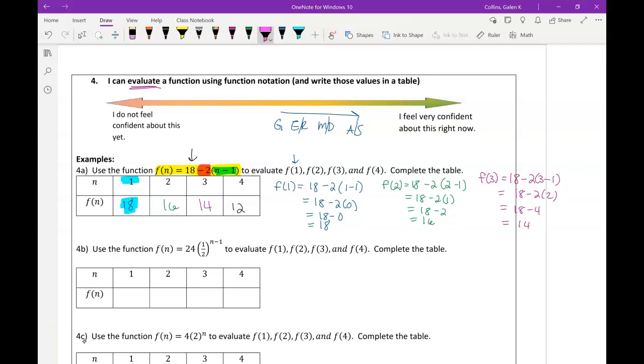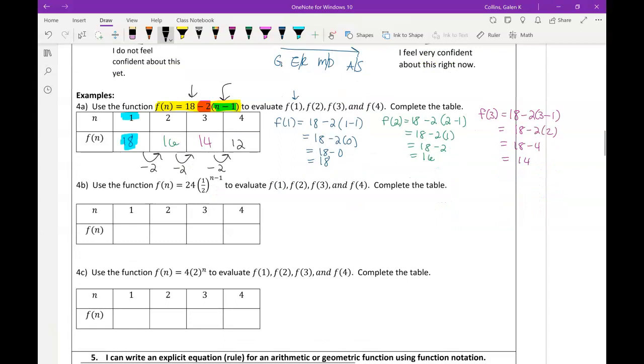I'm going to think of that as a negative 2. That is in front of my expression that involves n. So when I say my expression that involves n, I mean that n minus 1. That ends up being our constant difference, or sometimes we call this a constant rate of change, and we'll talk about that a lot in our next unit.